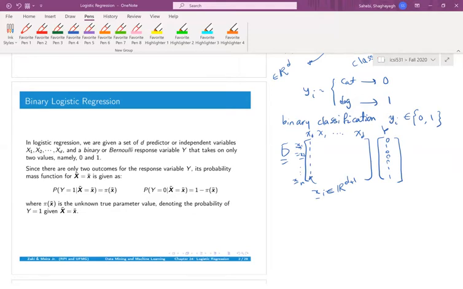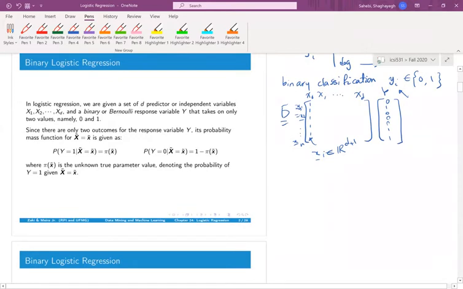Now that we have these binary variables, what we can look at for yi is the probability mass function for the class label, or the response variable, instead of the value itself, because it can take just two values. It's either 0 or 1, right? So what we are interested in is: if I am given a data point xi, what is the probability that my class label is 0, and what is the probability that my class label is 1?